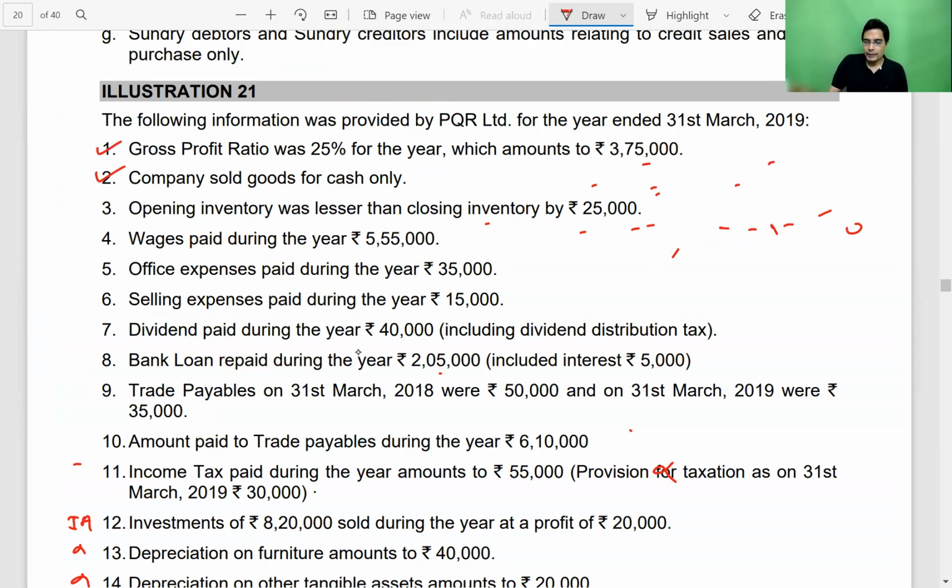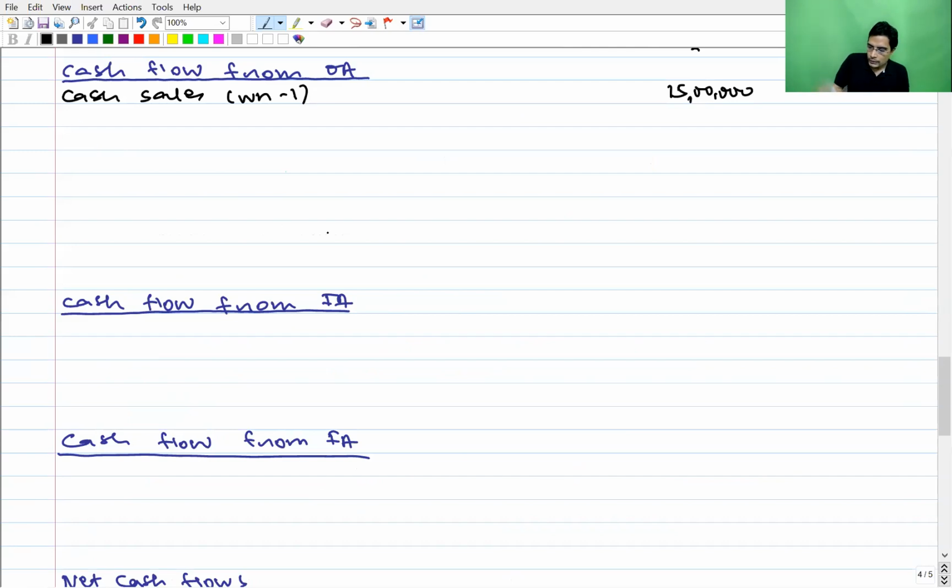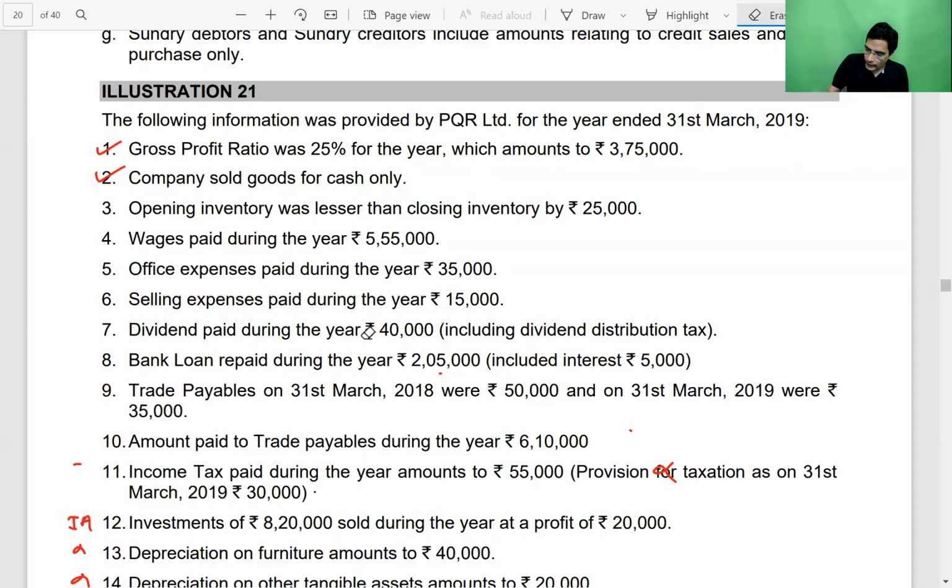It is of no use under the direct method, so we'll just ignore it. Under the indirect method, there is one adjustment which comes in step number 3, working capital changes. In that, we write the difference between opening stock and closing stock. There we are going to use it, not over here. Right, all of you? Okay. So ignore that information under the direct method.